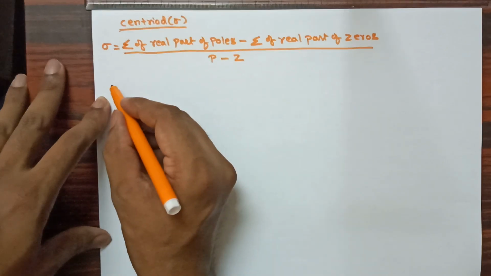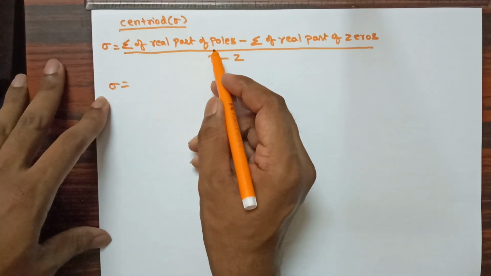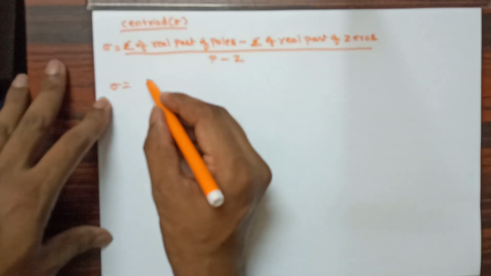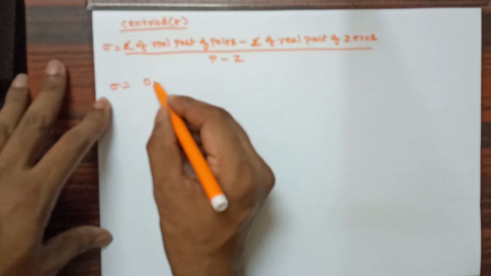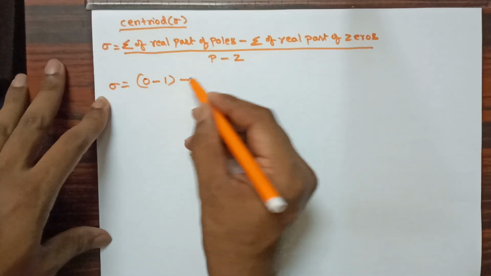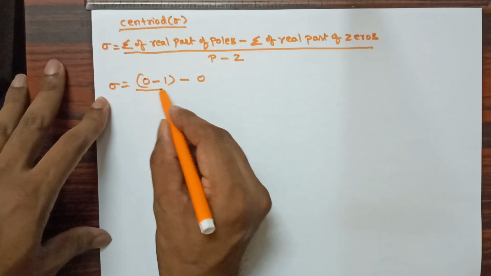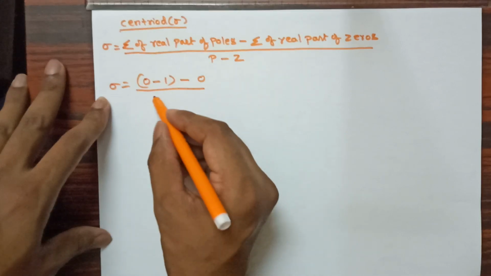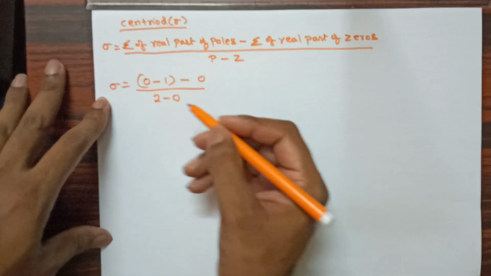In this problem, the real parts of the poles are 0 and minus 1, minus real part of zeros, which is 0, whole divided by number of poles 2 minus number of zeros 0.